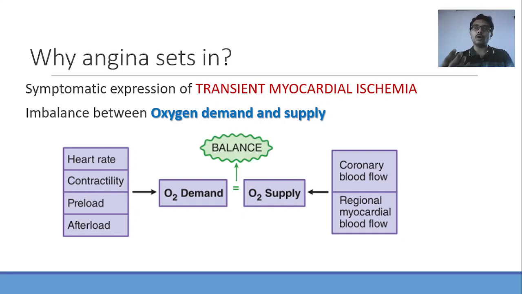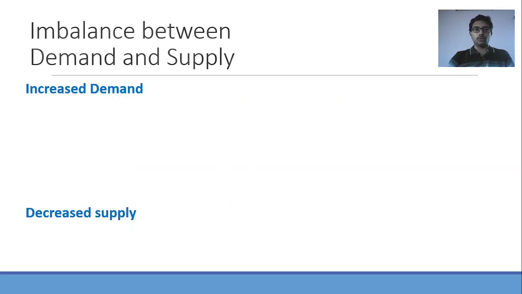How much oxygen the myocardium wants, the coronaries and the arterioles should supply the same amount of oxygen in the form of blood. If there is balance between oxygen demand and oxygen supply, everything is all right. But if there is an imbalance, that will lead to ischemia. If there is increased demand or decreased supply or both, that will lead to ischemia, and later on it will lead to infarction.